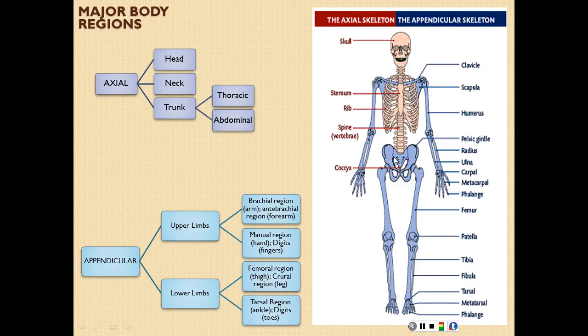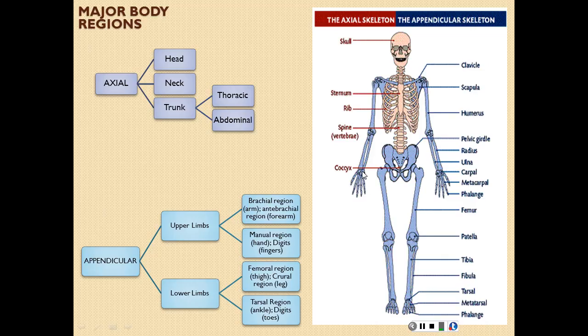When we deal with the upper limbs, we have the brachial region, which deals with the arm, and the antebrachial region, which is the forearm. So this is the brachial region, and this is our antebrachial region, our forearm. Then we have the manual region and the digital regions.